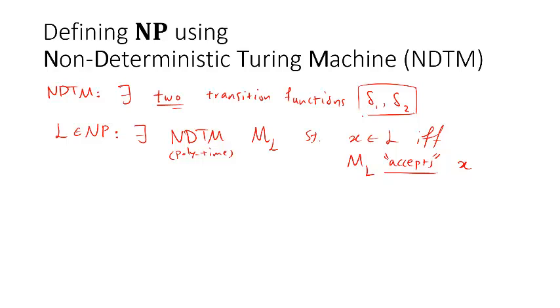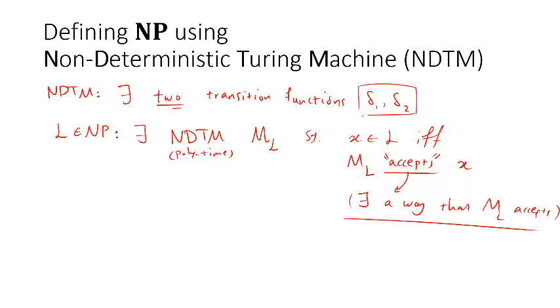So what do I mean by accept? By accept I mean that there exists a way that M accepts. So you see that already the definition of acceptance is somehow based on this existential quantifier, which should remind you of the definition of the class NP already.